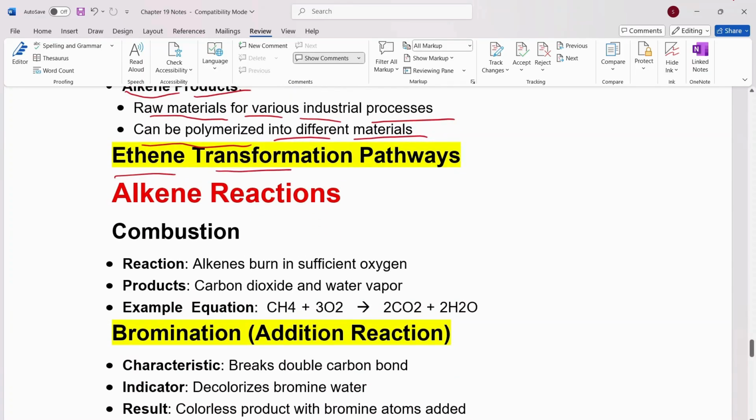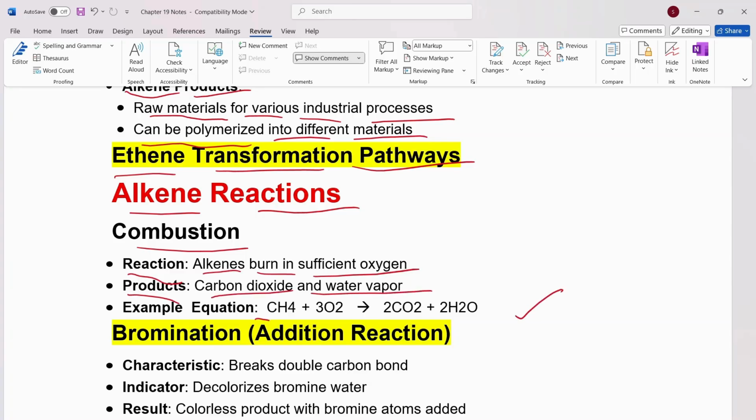Then we have ethene transformation pathways. Here we have alkene reactions. Number one, combustion. In this reaction, alkene burns in sufficient oxygen. Products: carbon dioxide and water vapor. The equation is here, which is producing carbon dioxide and water.